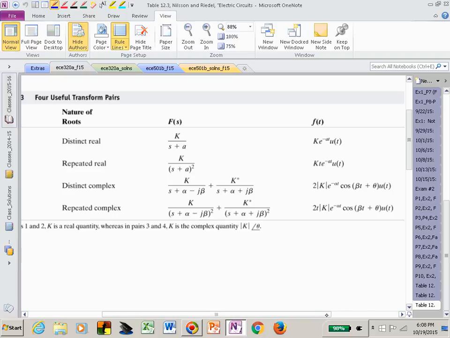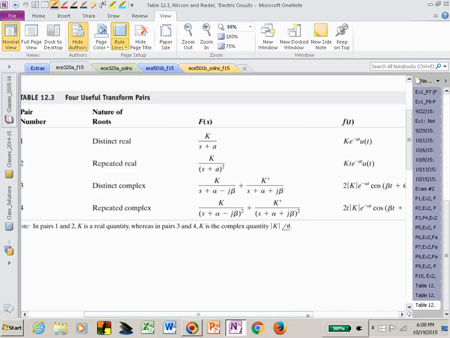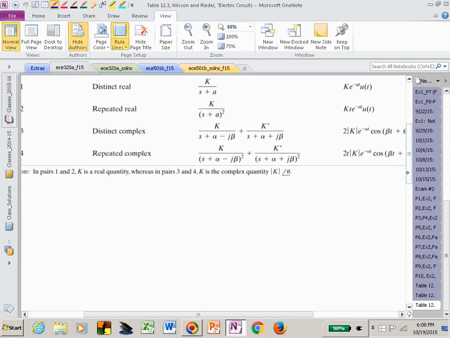But that's 12.3. Actually, if you want to know maybe an equation that's more than just squared, then you should look at equation 12.83.